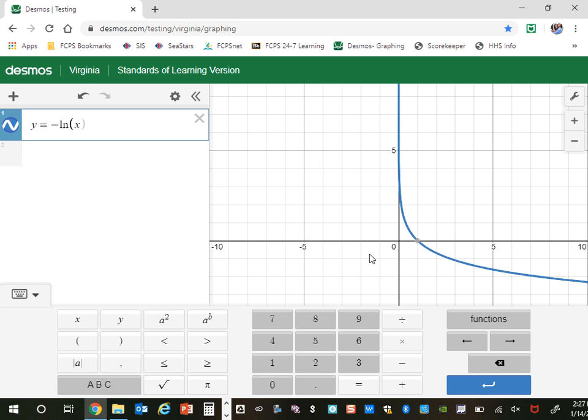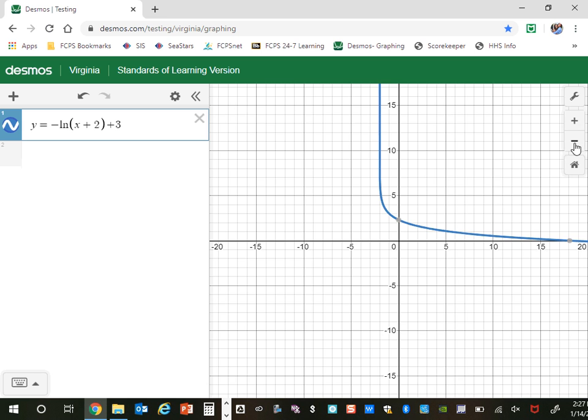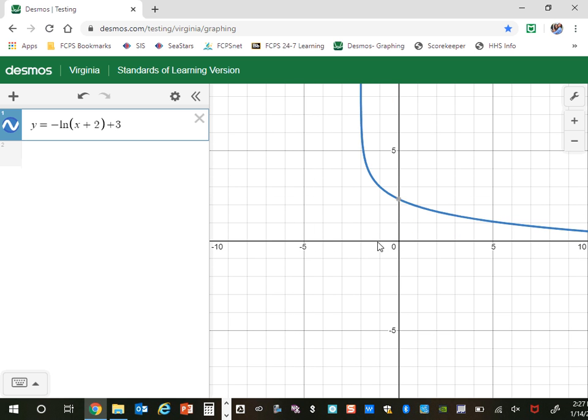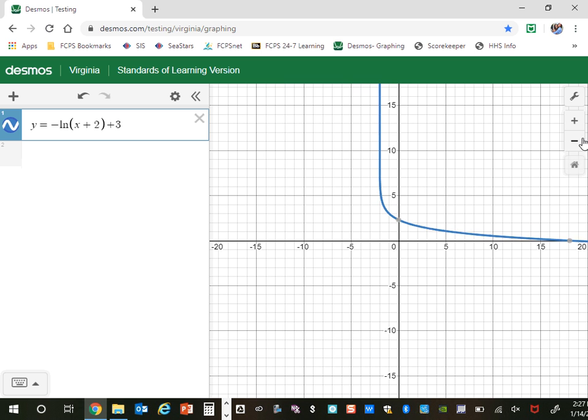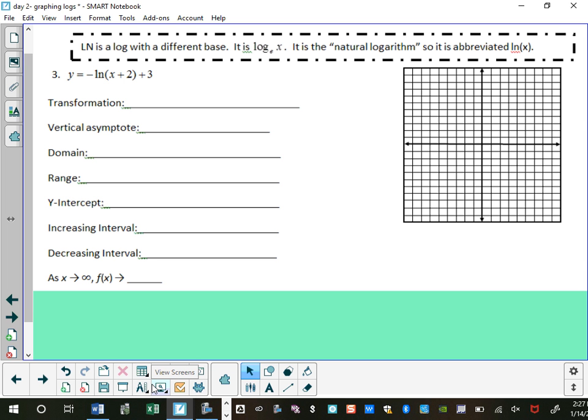And then you can type in x plus 2 and then plus 3. You're able to see, looks like here my asymptote is at negative 2. It gets really close to that negative 2, but it doesn't. That's where you see it straighten up. And if you look at your graph, you know your asymptote is negative 2 because it is the opposite of what's inside the parentheses. So your vertical asymptote will be negative 2. Okay?